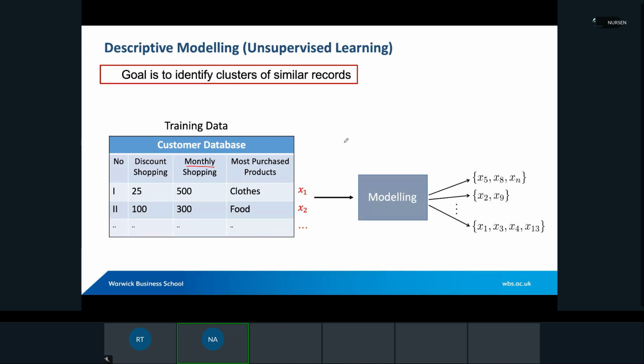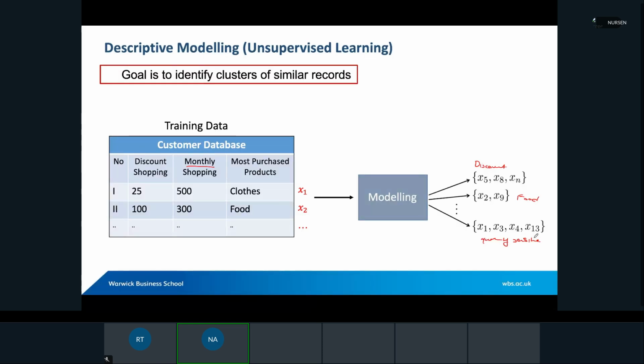Maybe the first group is discount shoppers. This group maybe buys mostly food products, and this is maybe more quality-sensitive customers. So you try to segment your customer groups based on different features in the data set.